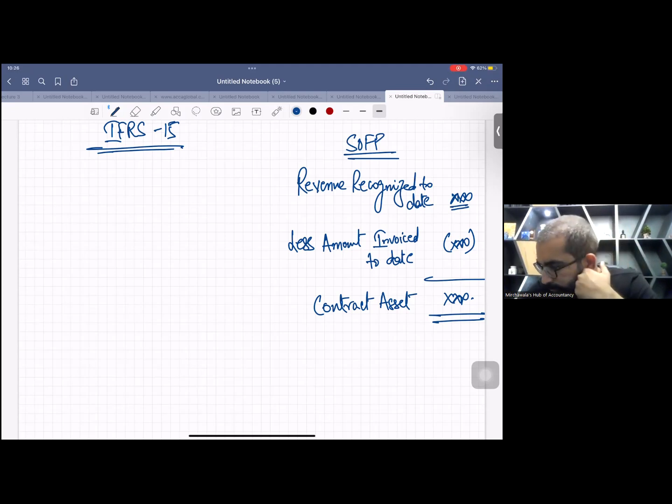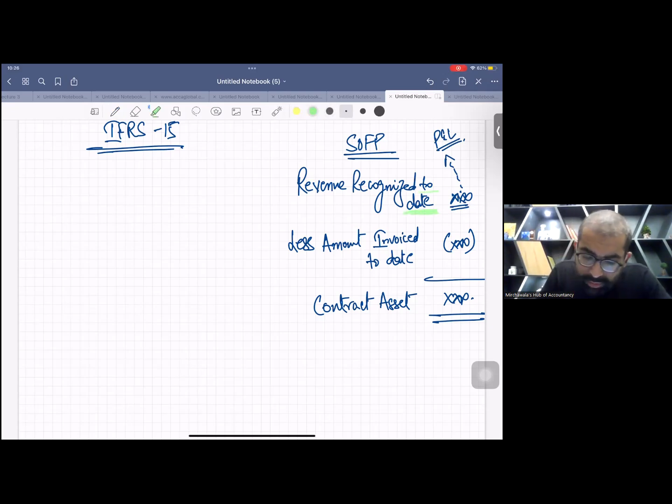Now the question is, sir, will we get these things ready-made in the exam? Yes. This revenue recognized, you can pick from your PNL working. But be careful. See the words. It is written revenue recognized to date, because SOFP is always as at.